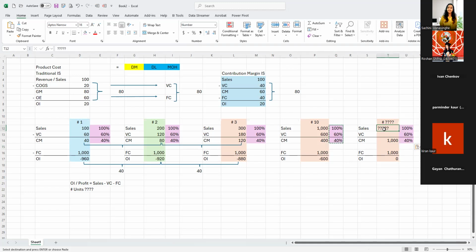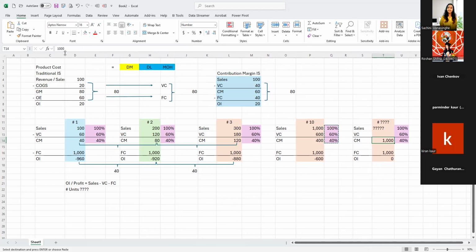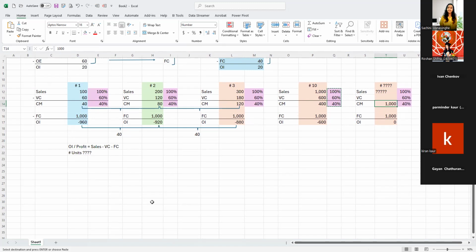So if I have this number, I can easily calculate the contribution margin. Or the other way, if I know how much I want, can I calculate backwards and get my sales? I can do that too. But let's do this one with the formula first.